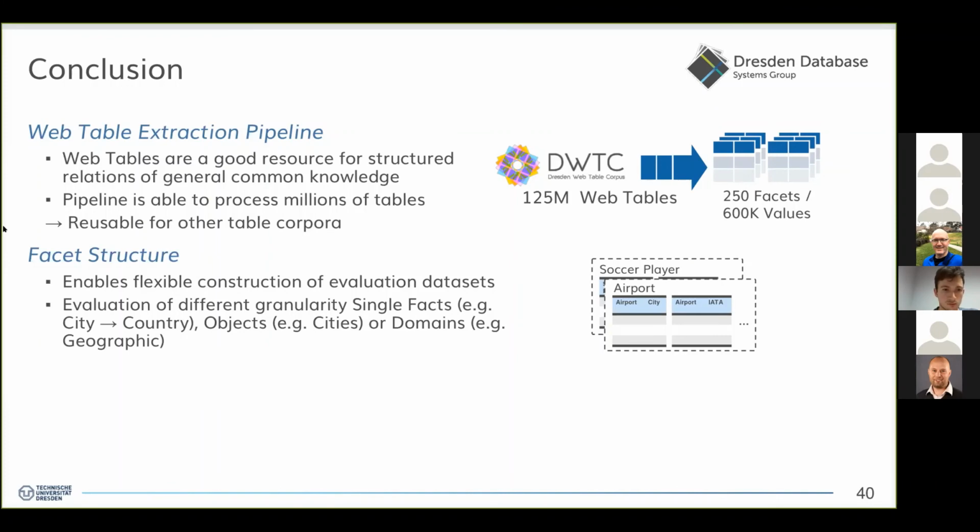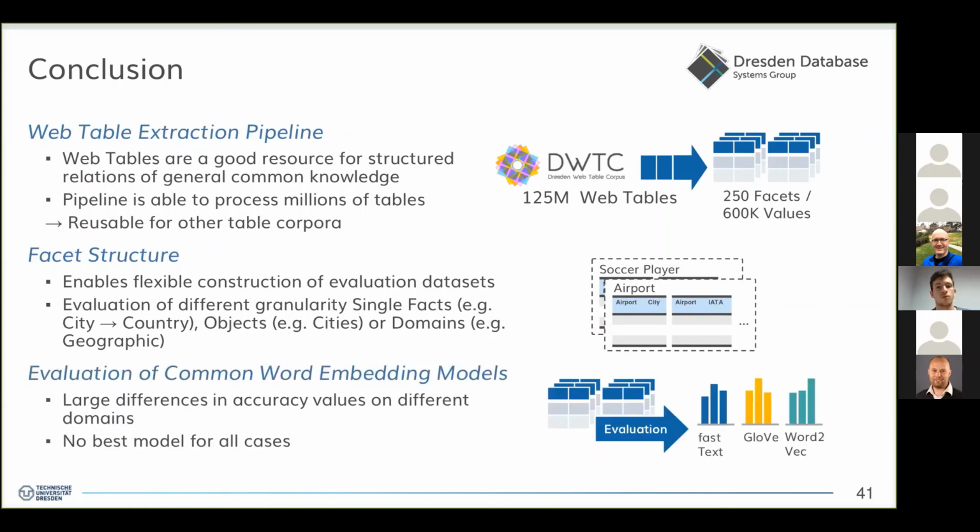As a structure, we chose to organize it into facets, which allows a flexible construction of a specific evaluation data set, and it has enabled us to do an evaluation on different granularities. So we can evaluate a single facet, we can evaluate certain objects or a specific domain.